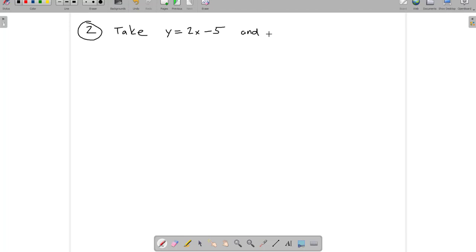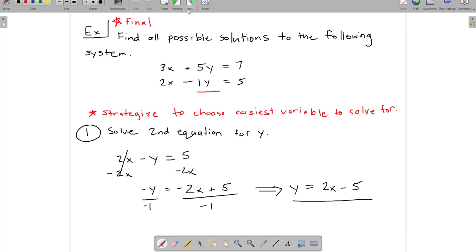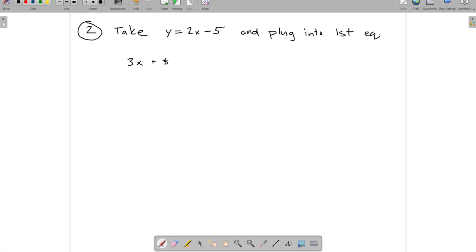And plug into first equation. And so let me rewrite the first equation also. We have 3x plus 5y equals 7. Okay, so we've solved for y.